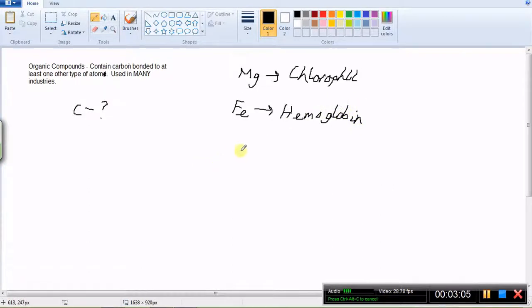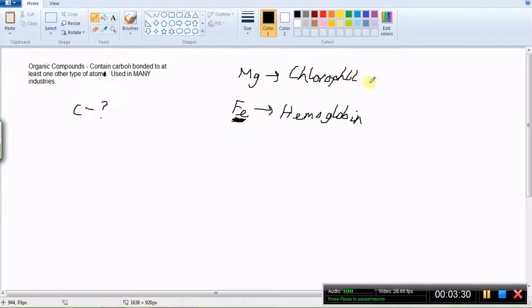Hemoglobin is a compound in red blood cells that carries oxygen around to our body. We probably know that red blood cells carry oxygen. Hemoglobin is the compound within the red blood cells that actually bonds to and carries this oxygen. And if it didn't have this iron in the hemoglobin, it would not be able to bind to oxygen, and then we wouldn't be able to get oxygen to any of our cells.